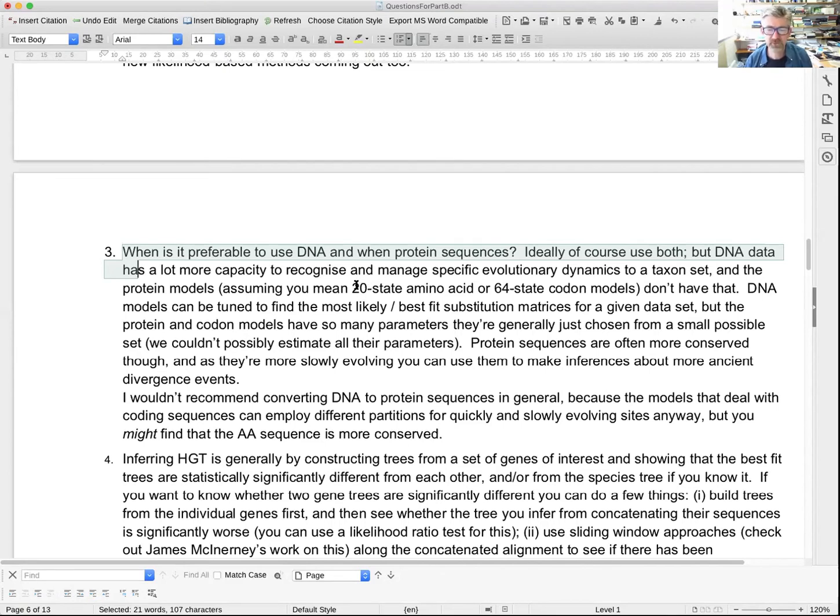That's an awful lot, and it's much harder to estimate the values of those parameters in your substitution model with the same amount of information. In fact, if you're converting from DNA down to amino acid, you have less information. So it's really hard to tune those models to get the best set of parameters for your data set using an amino acid or a codon model.